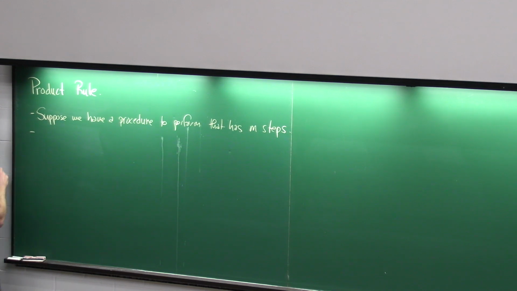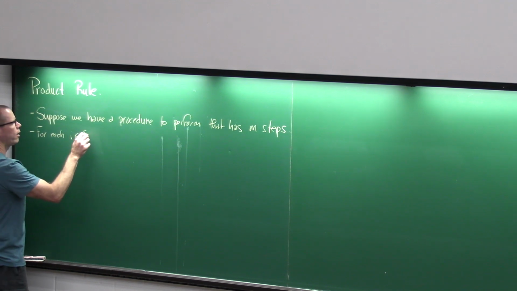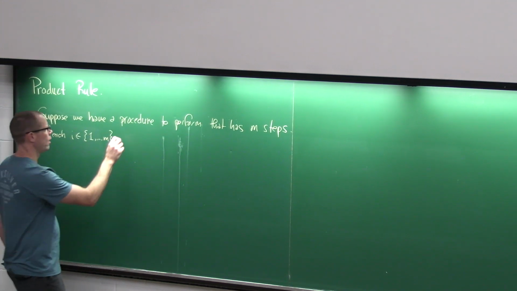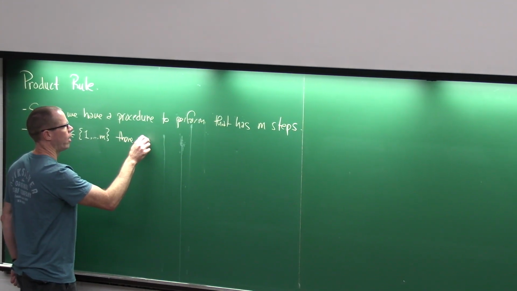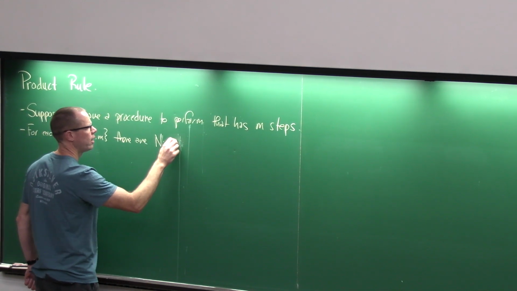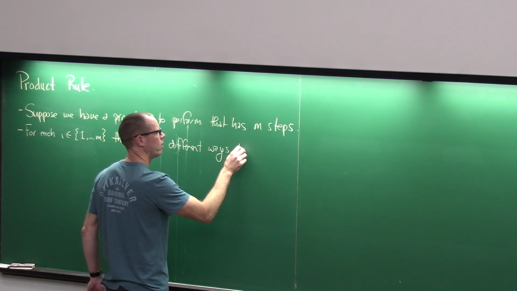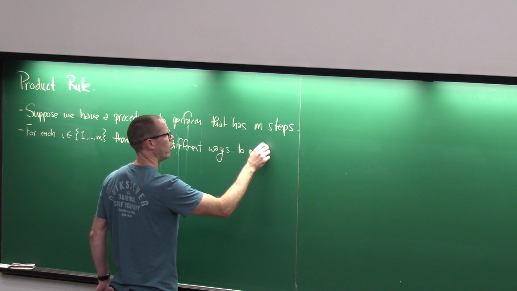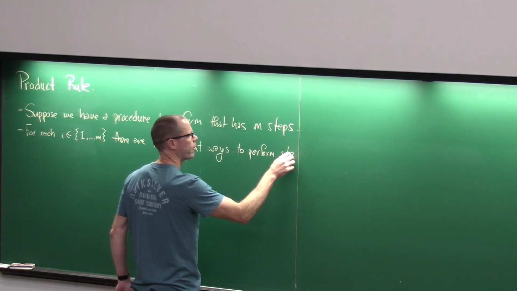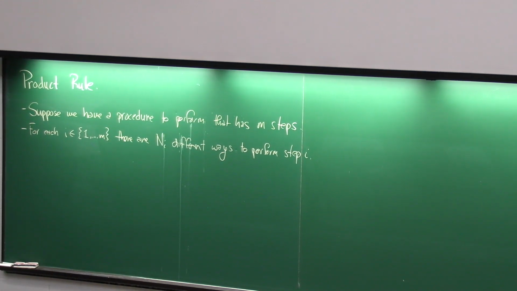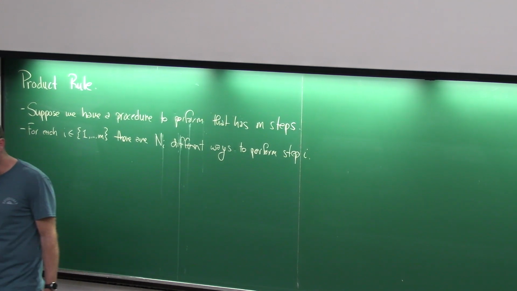And for each i in 1 through m, so for each step, there are n sub i different ways to perform step i. Okay? So there's m different steps that we need to do to complete this procedure.